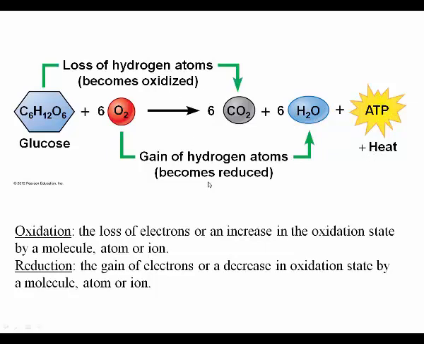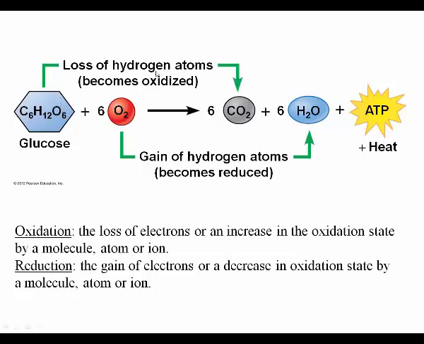Oxidation and reduction is actually not usually defined as a loss or gain of hydrogen atoms. It's usually described as a loss or a gain of electrons. So if you were to Google or look up the definition of oxidation or reduction, the loss of electrons is oxidation. The gain of electrons is reduction. But we're constantly seeing a movement of hydrogen in the story of cellular respiration, and hydrogen is bringing with it one electron.